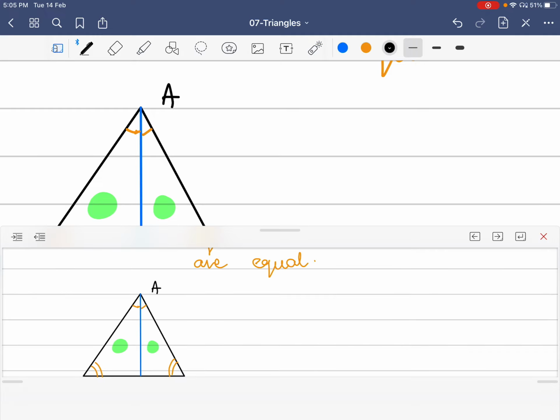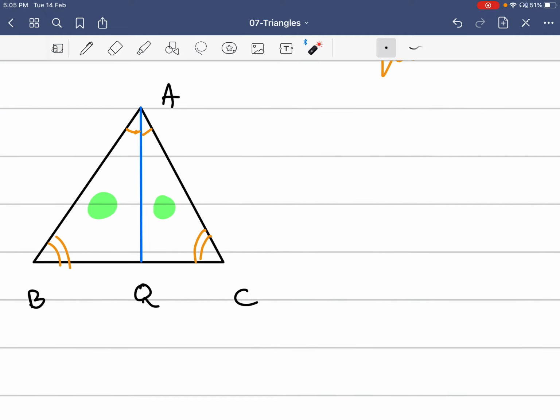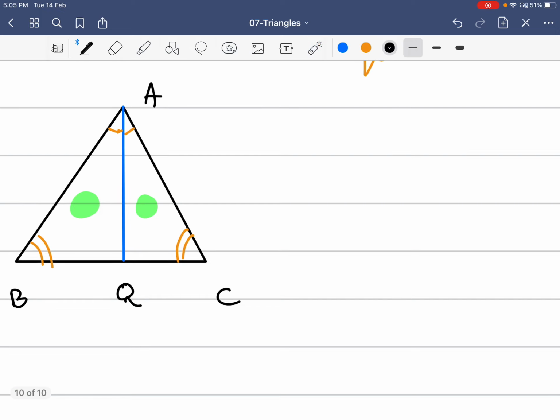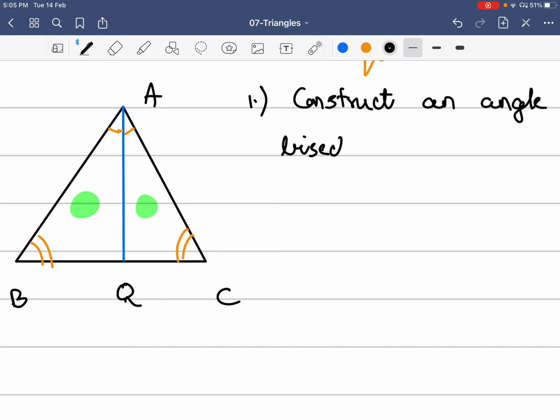So once again, first of all, we are going to write down the construction part. So point number one, construct an angle bisector of angle A. Therefore, angle BAQ is equal to angle CAQ.